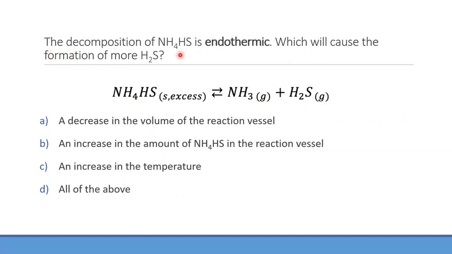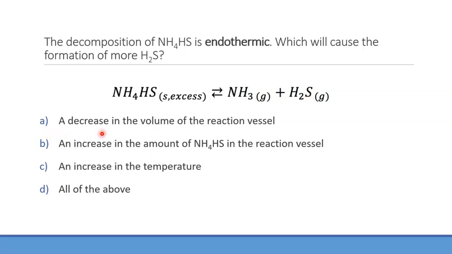If the decomposition of ammonium hydrosulfide is endothermic, which of these will cause more formation of H2S? We have solid ammonium hydrosulfide in excess, and it reacts to form ammonia gas and hydrosulfuric acid.